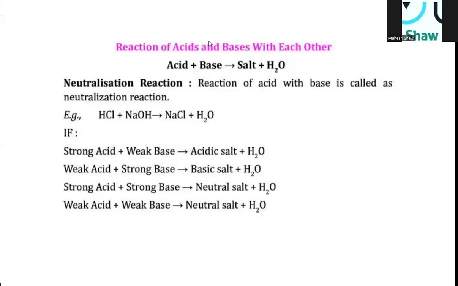The fourth kind is when both of them are weak. For the weak acid, I can take CH3COOH, or other examples like carbonic acid, and a weak base, NH4OH. In this case, it could be difficult for you to remember, so I can take other examples.